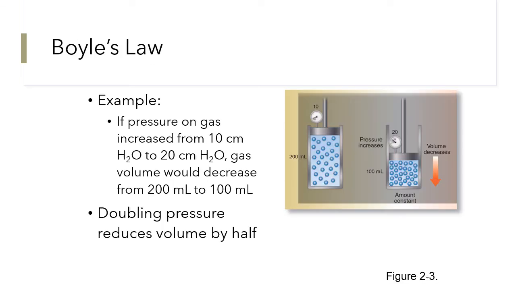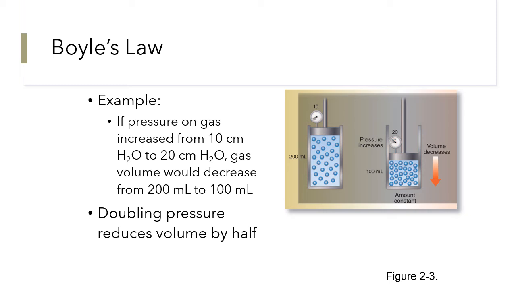Let's look at this in a picture, how this happened. In my picture, you can see that my starting volume is 200 and my pressure gauge reads 10. So I'm going to take away half the volume. I decrease my volume, held at a constant temperature, down to 100 milliliters.